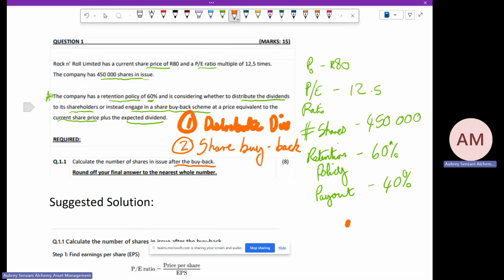In other words, we're going to option 2 where we do a share buyback. Remember, share buyback is where the company buys back some of its own shares, isn't it?